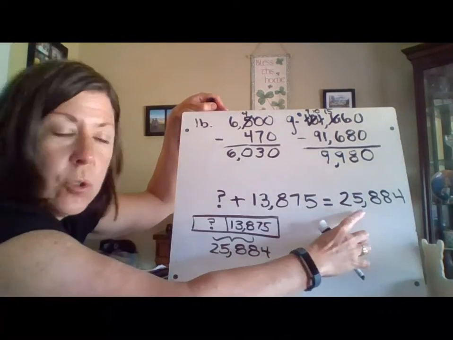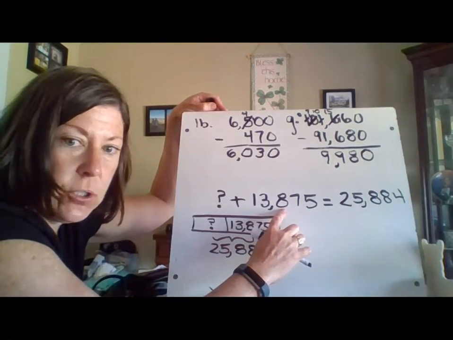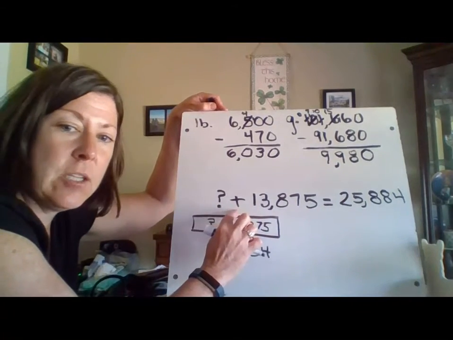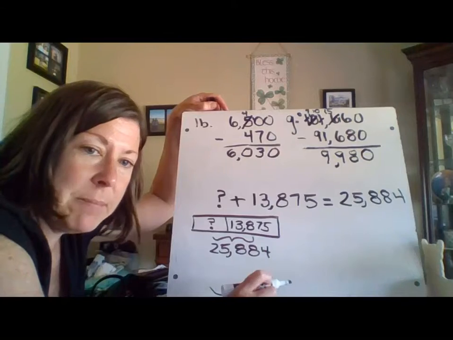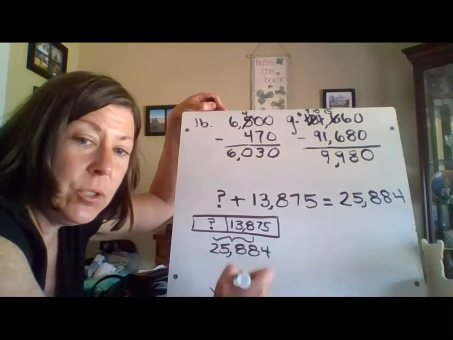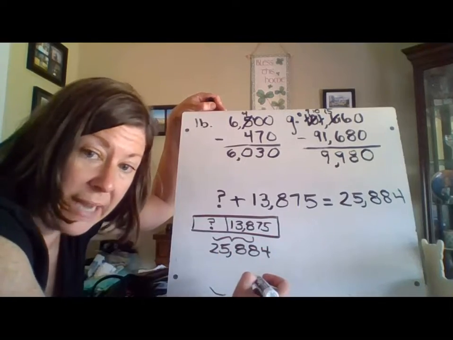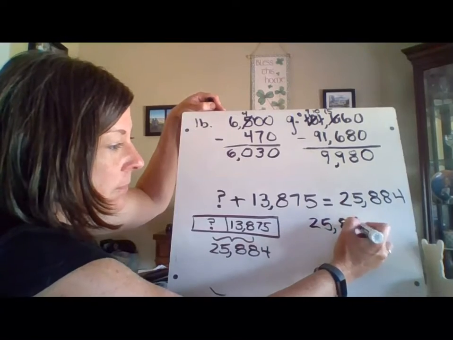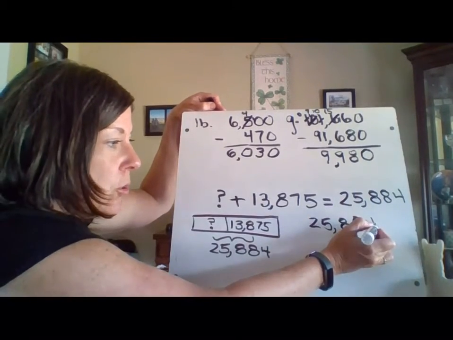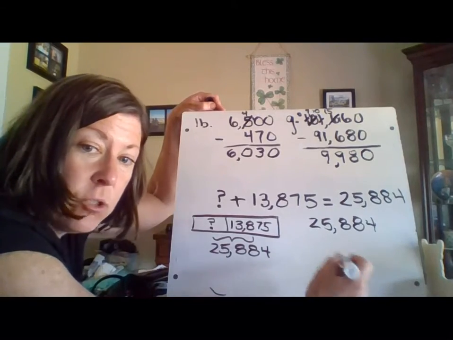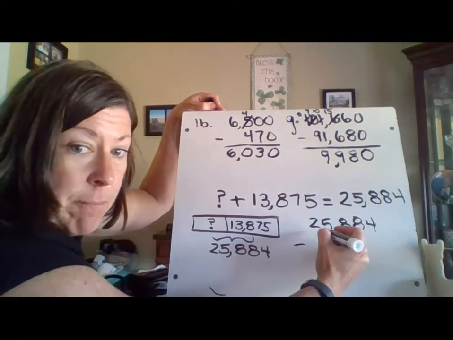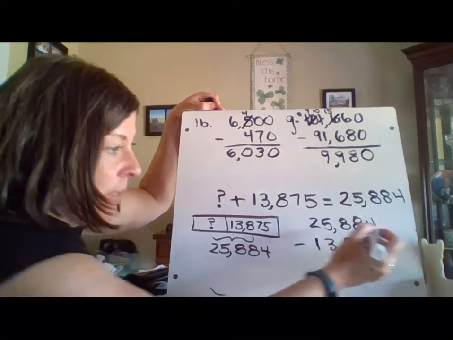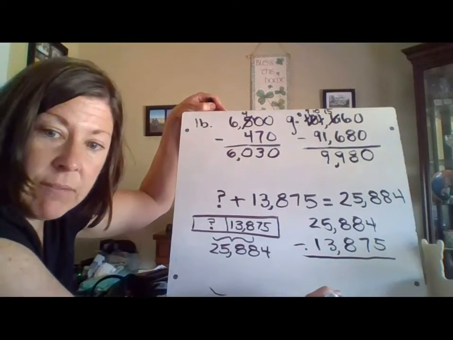So now you have to think, if I'm looking for a part, the addition sign is over here. So it's not 25,000 plus 13,000, because there's an equal sign in between them. The plus sign is over here. So I'm not going to add. If I'm looking for a part, I have to subtract. $25,884 minus $13,875.